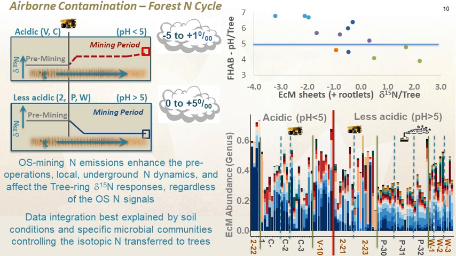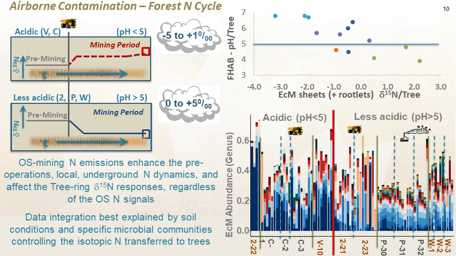So you'll have delta N15 values in the trees that will be higher if you have an acidic soil. And this is controlled by the DNA results that you have on the lower right, where you're seeing a difference in abundance and diversity of fungi communities that will control the way nitrogen is fractionated before it's transferred to the trees. So in other words, at the end, we have two different types of answer in terms of delta N15 series after the onset of operations.